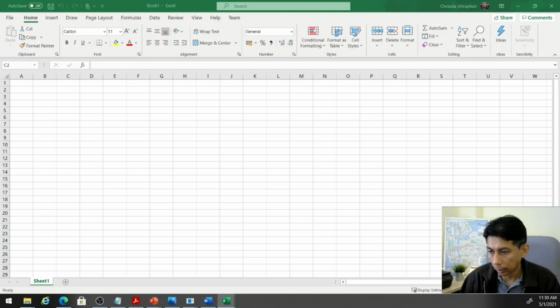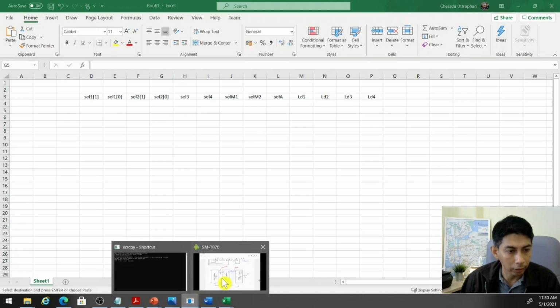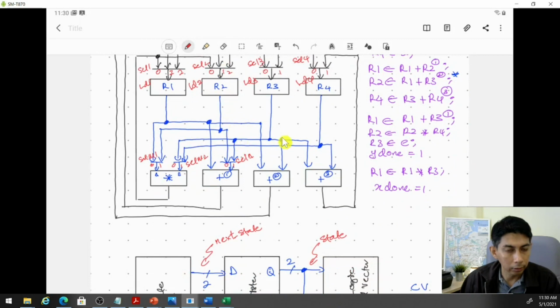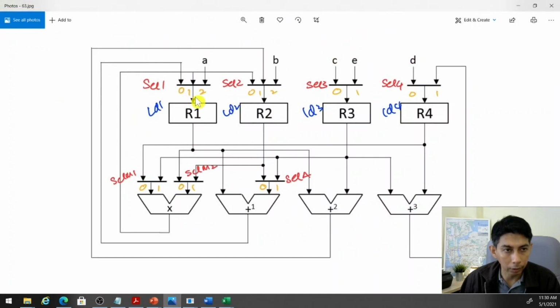So I can have the names of all the signals, these are the names of all the control signals, and also let's use this one for a better view.